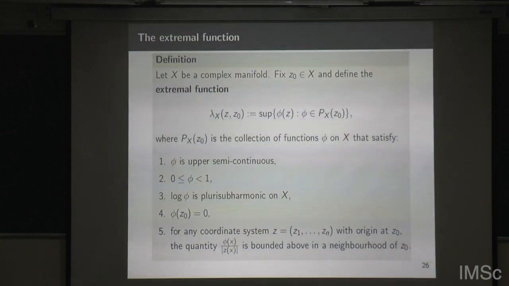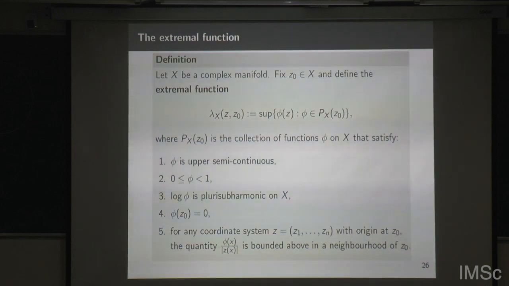So the main tool that I use so that I can bypass the use of Santini's theorem and earlier techniques is an extremal function. So let me just define the extremal function for you. On a complex manifold, fix a point z0 and look at the collection P_X z0 and take the supremum. The collection P_X z0 is the collection of all functions phi on X that satisfy the following 5 conditions.